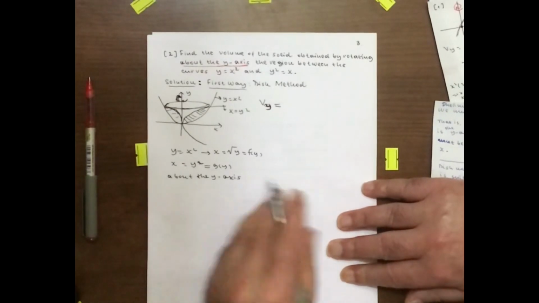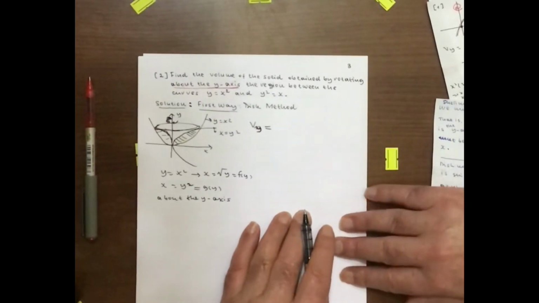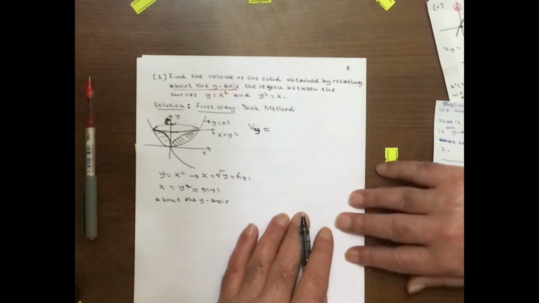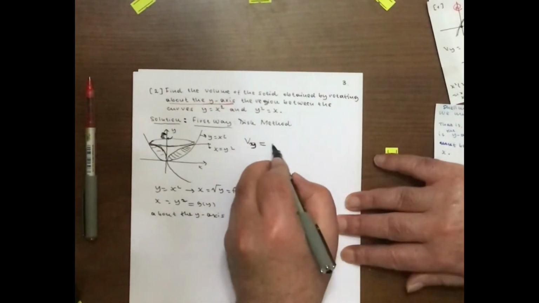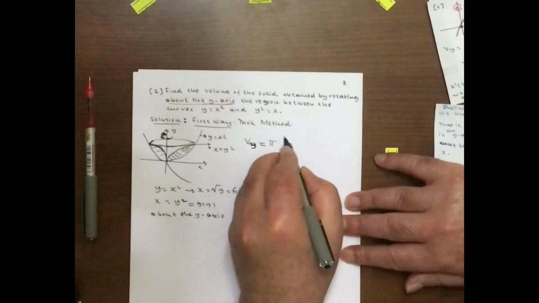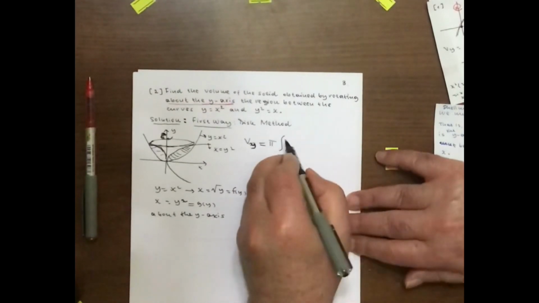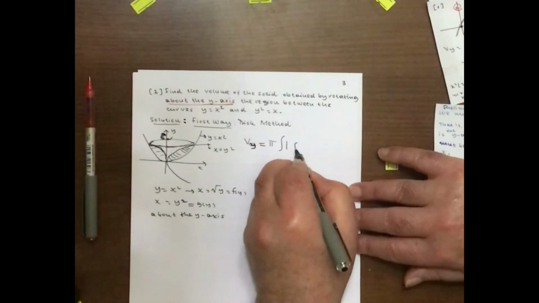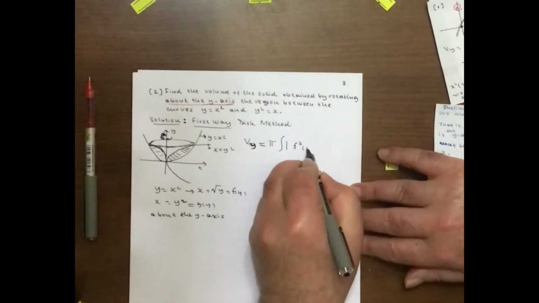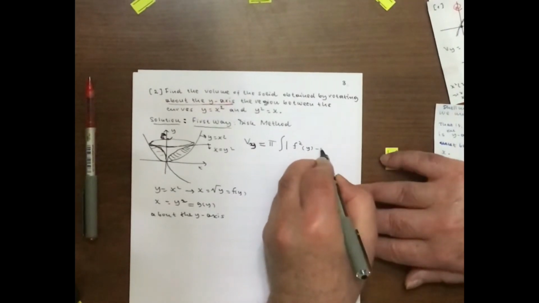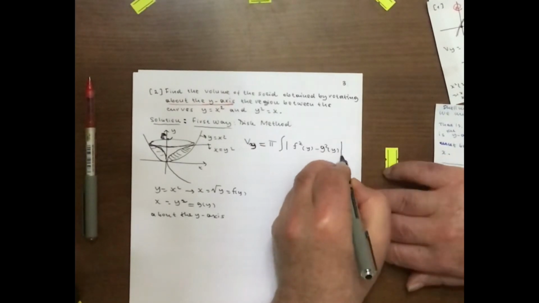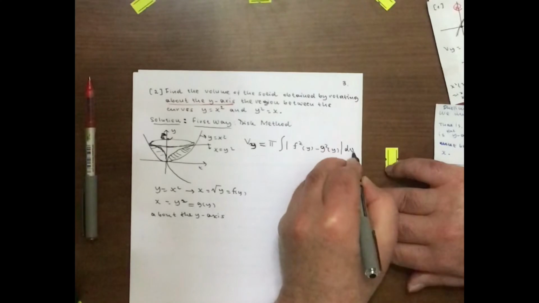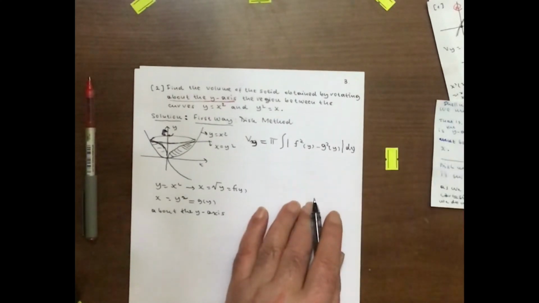Okay, now I think everything is ready. V equals pi times integral of f square minus g square of y dy. Okay, right.